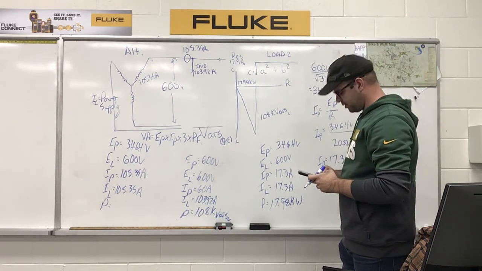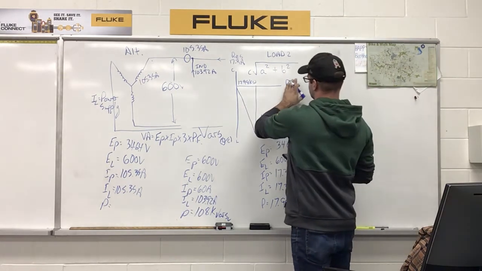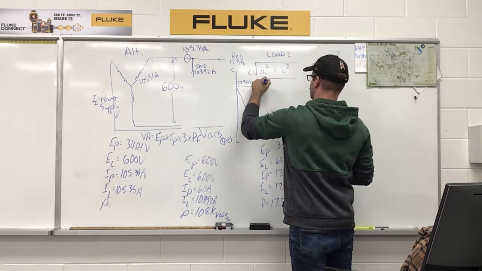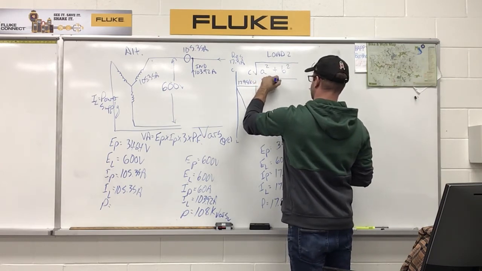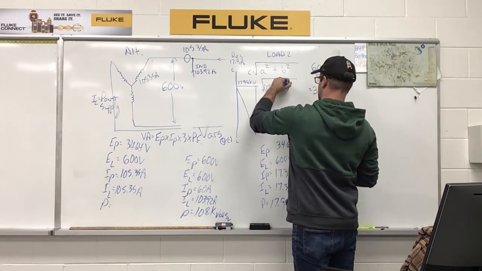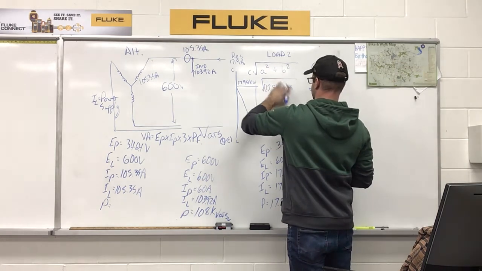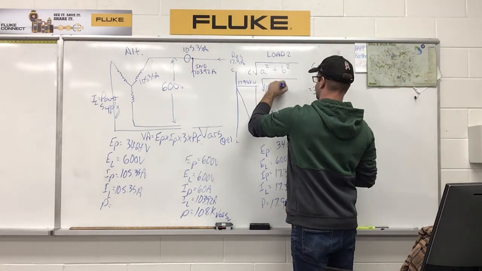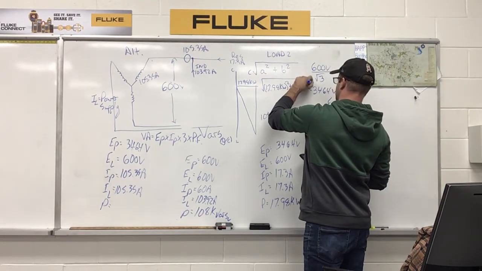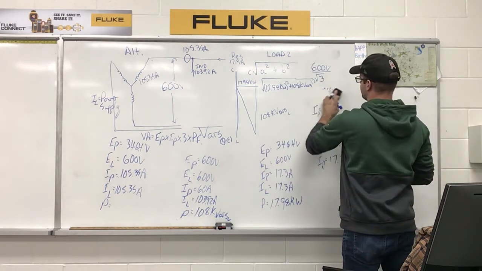So you could do the square root of a squared. So a squared, we're going to do 17.98 squared plus 108. So that's 17.98 kilowatts squared plus 108 kVARs squared. Make that a little more legible for you.